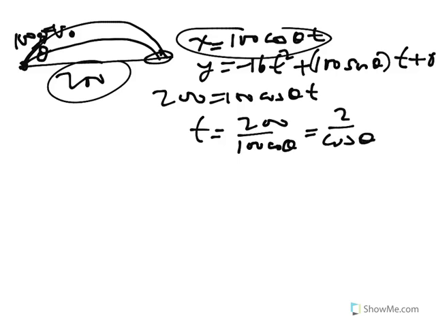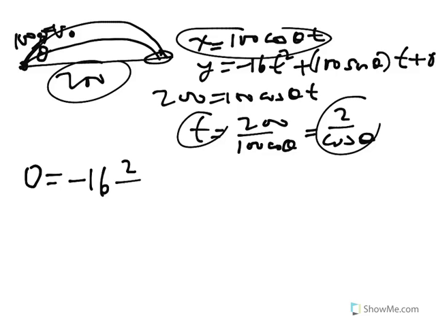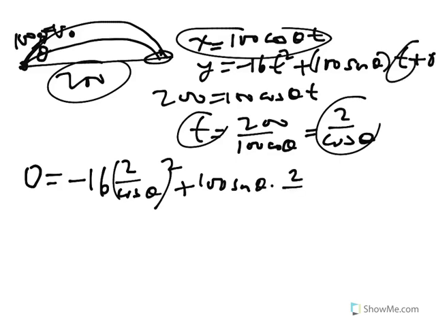Now y, just like before, is going to become 0 when it's on the ground. So I get negative 16. Instead of t, I'm going to write this 2 over cosine theta squared plus 100 sine theta. Instead of t again, I'll say 2 over cosine theta. And now, pretty ugly equation. If I multiply everything through by cosine squared theta, I get 0 equals negative 64. This becomes 4.